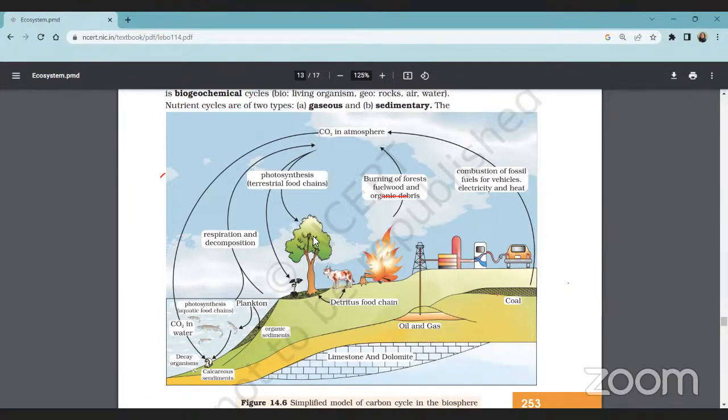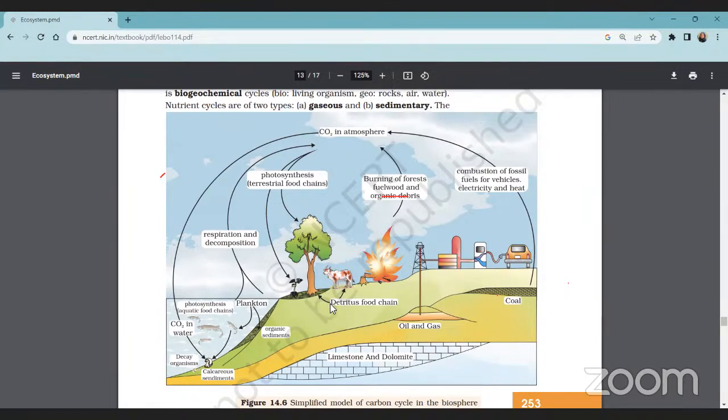First, the CO2 in the atmosphere enters the water and mixes there, and by the decaying organisms calcareous sediments are formed. The photosynthesis of aquatic food chains and phytoplankton also utilize it, and it is again released into the atmosphere.